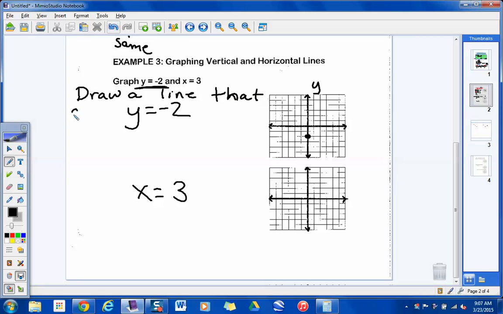Y. At what value? -2. If I'm going to draw a line that crosses this axis, intersects it, is it going to be horizontal or vertical? Horizontal. Yep, it's going to be horizontal.